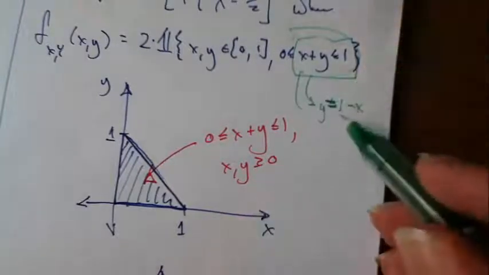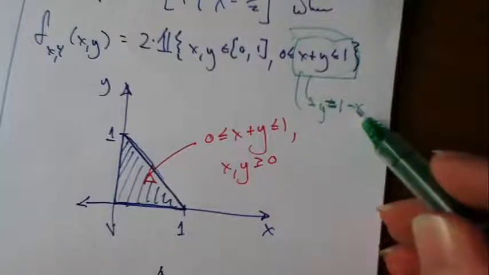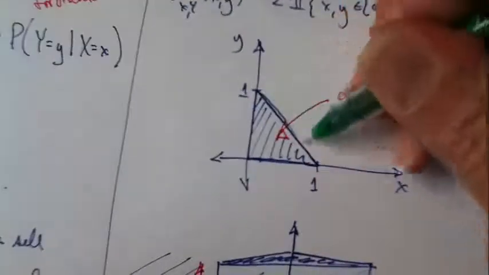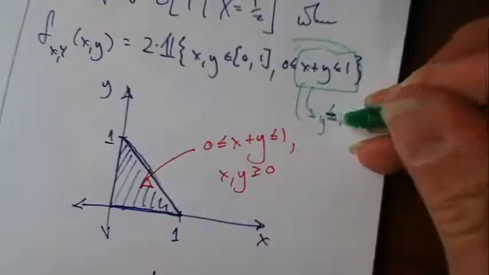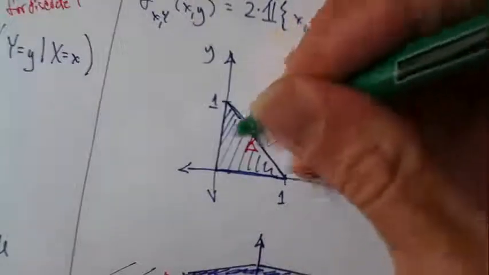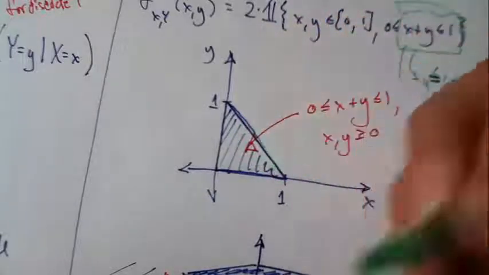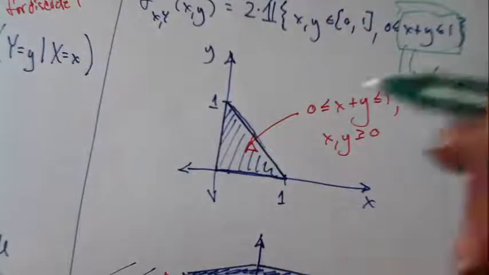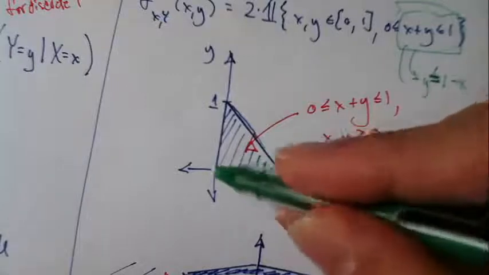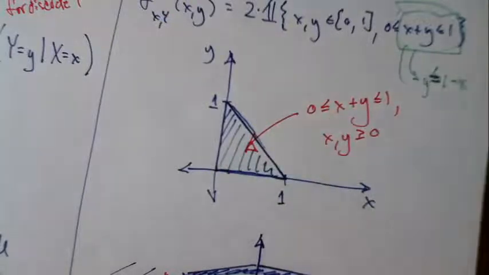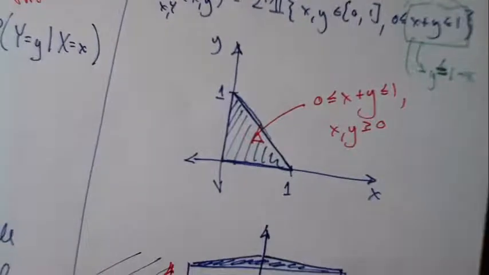Y-intercept is 1, slope is -1. That's the line, right? But we actually do want y less than or equal to that line. Okay, pretty simple. But you need all your y and x values to be at least 0. So that's the region that you're integrating over.